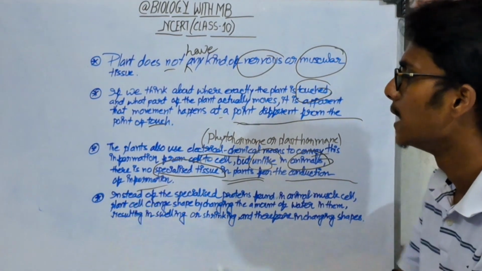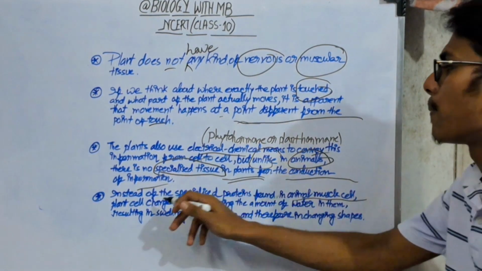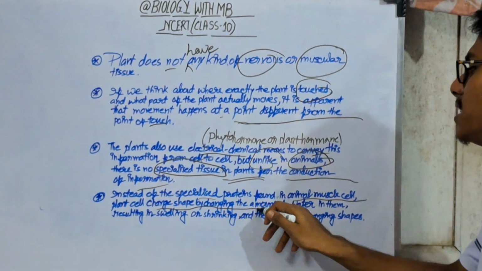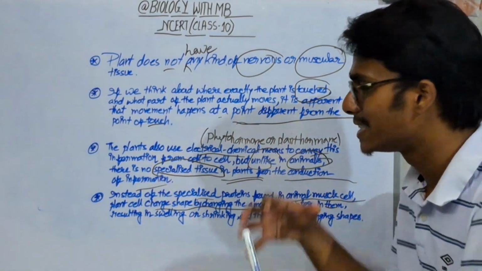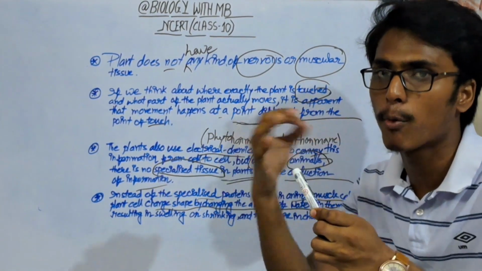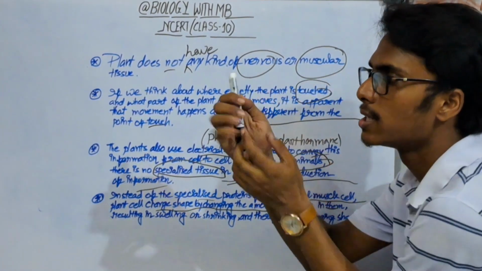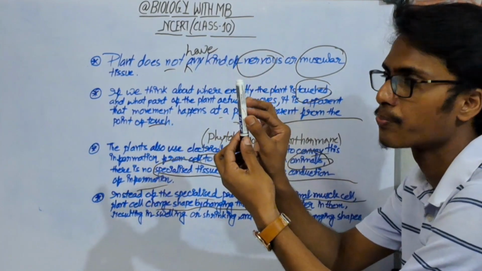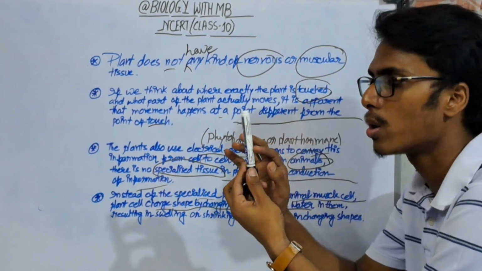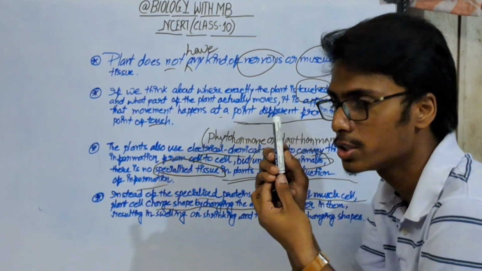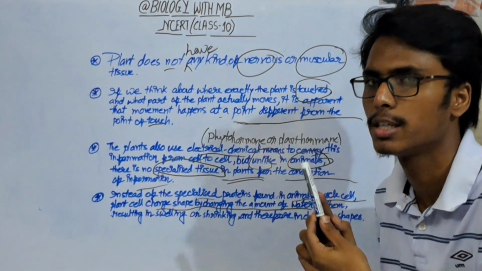And the last part: instead of the specialized proteins found in animal muscle cells, plant cells change shape by changing the amount of water in them. Plants change their shape by changing the water potential. When the upper cell has high water potential and the lower cell has low water potential, water goes from high potential to low potential like diffusion.